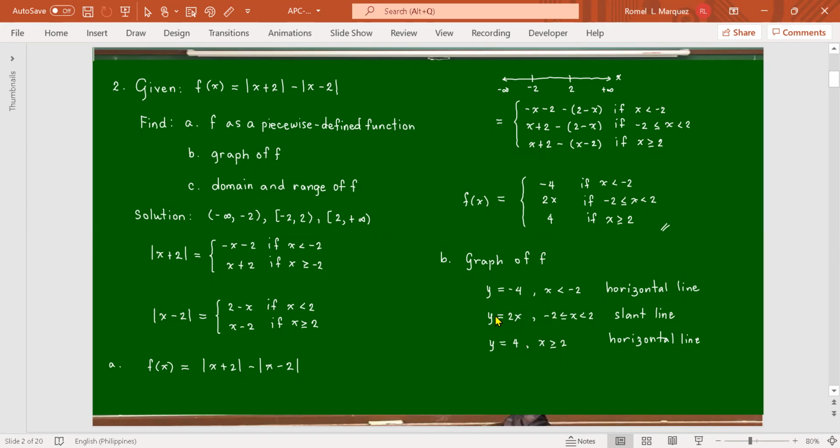In the middle expression defining f, if x is 2, it is equal to 4, right? So it means this slant line is connected to this horizontal line. So we're now ready to draw the graph. This is the y-axis.